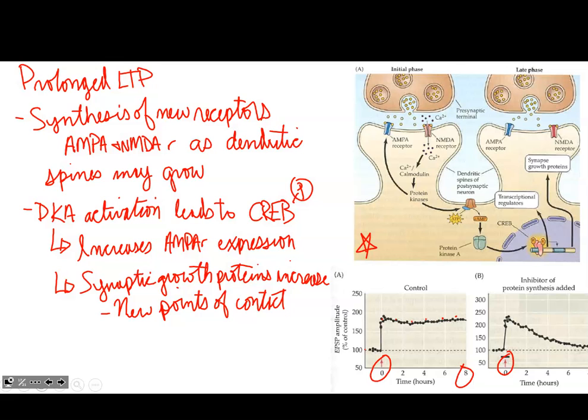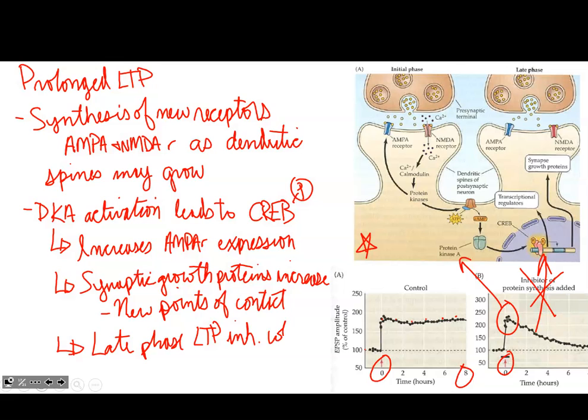So we think that this initial phase is still working fine, but there's very little or much reduced late phase because of that protein synthesis inhibitor. And so maybe that's worth noting: late phase LTP is inhibited when protein synthesis is blocked.